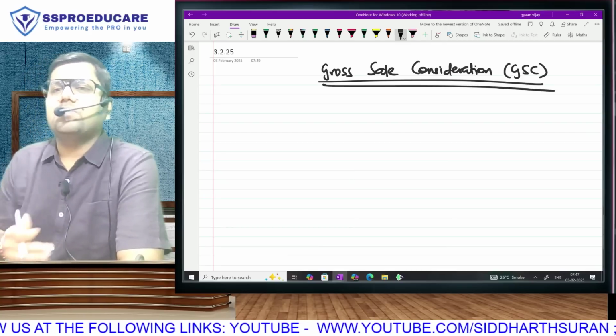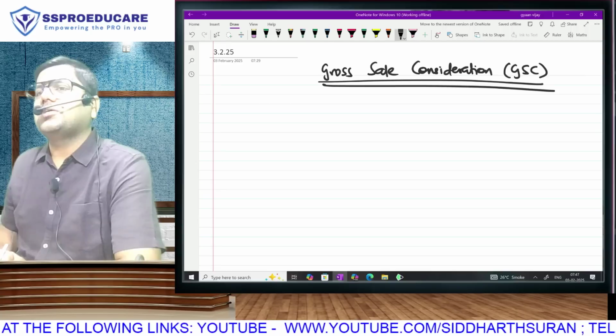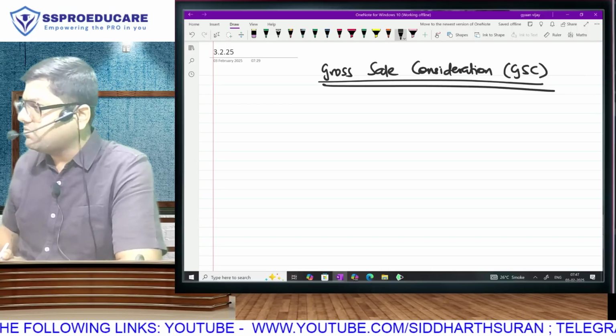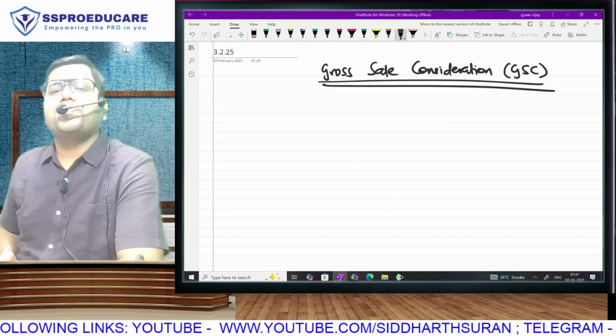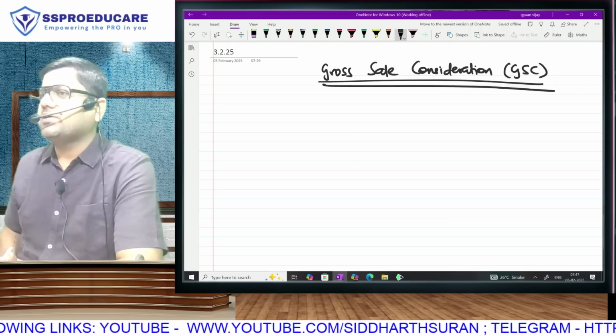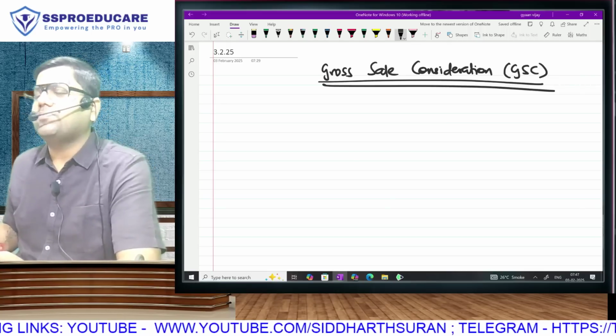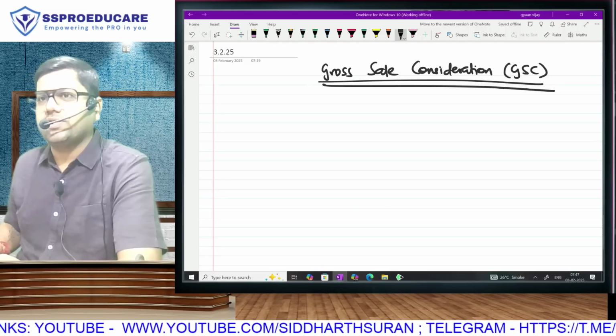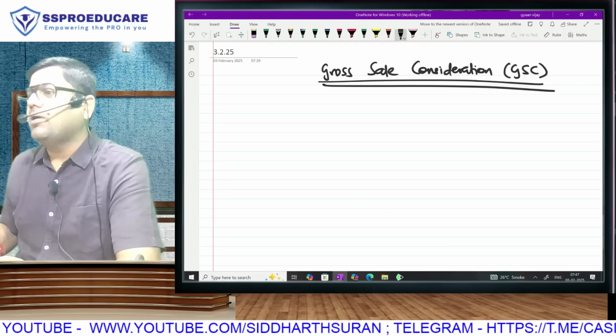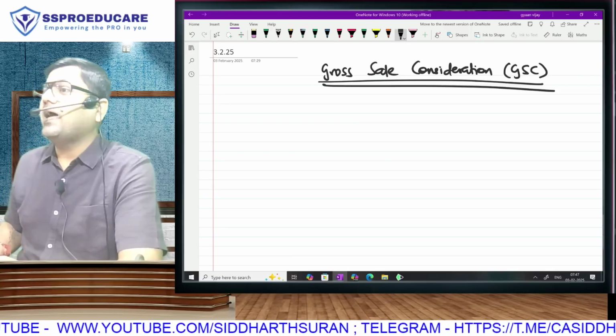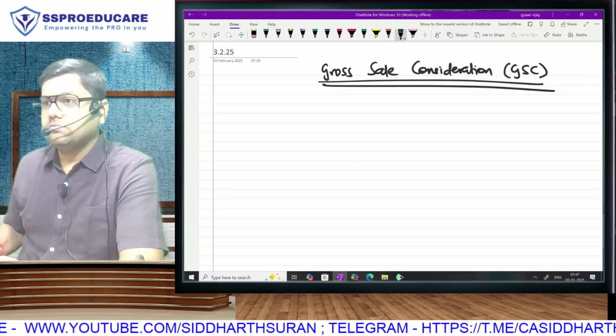Just that they have used some complicated terms here like gross sale consideration, some transfer expense giving you net consideration. Instead of cost price, they call it cost of acquisition. We have, of course, studied the concept of indexation also. So we know what is CAUA and how it is different from ICAI.